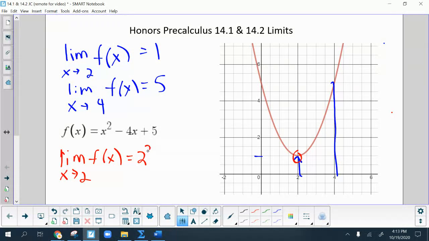So I put 2 in for x, I get 2 squared minus 4 times 2 plus 5. And we get 4 minus 8 plus 5, which is equal to 1. This is what we would call the direct substitution method, where if you know the function, you can just substitute the x value, the x that you're approaching, into the function.